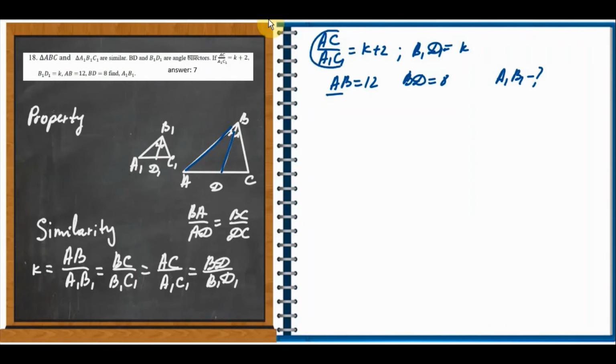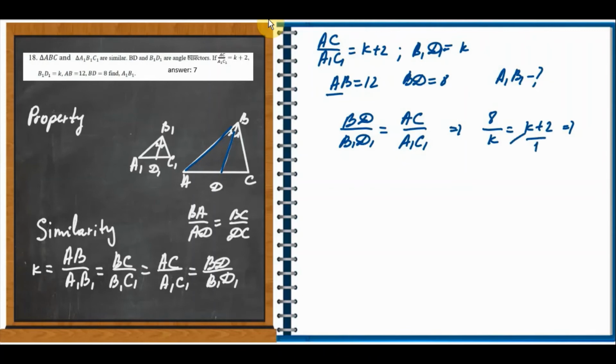With the help of this ratio, can we write the ratio of BD to B1D1? So BD over B1D1 is the same as AC over A1C1. Now we write 8 over K, BD being 8, is equal to AC over A1C1, which is K plus 2. Now let's solve this equation. We will cross multiply.